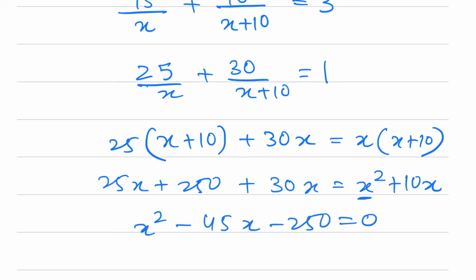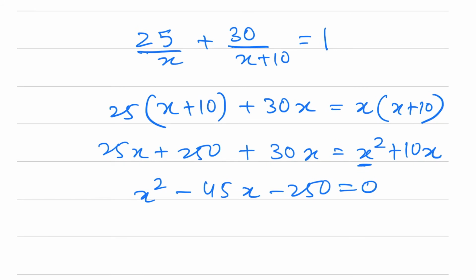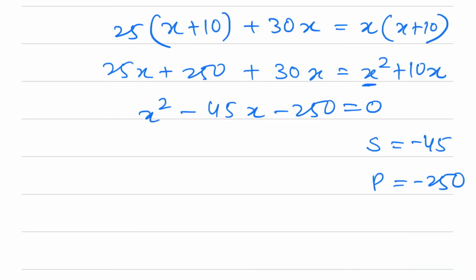So we have to solve this equation by splitting the middle term where sum is equal to minus 45 and product is equal to minus 250. We can figure out it will be 50 into 5 and this would be negative and this is positive. So we have product as minus 250 and sum is minus 45.